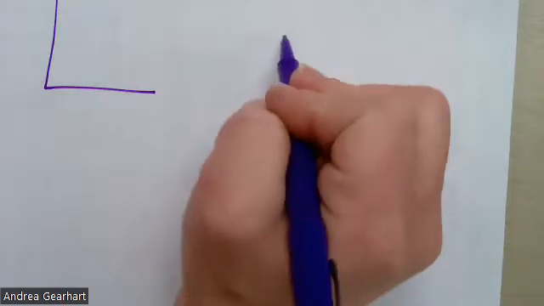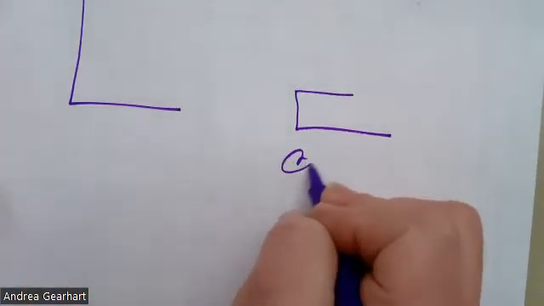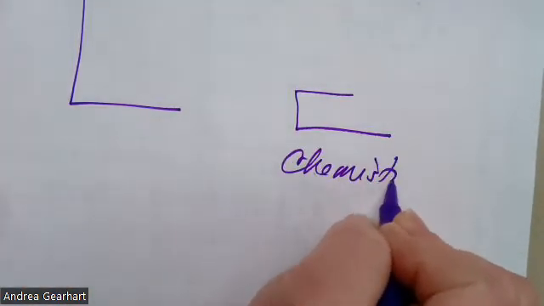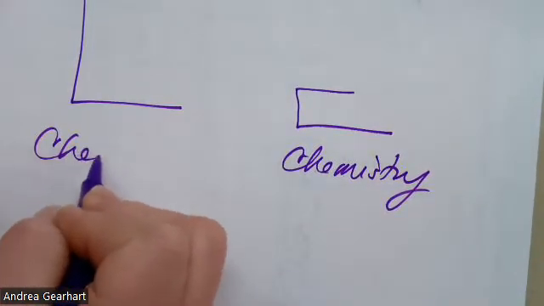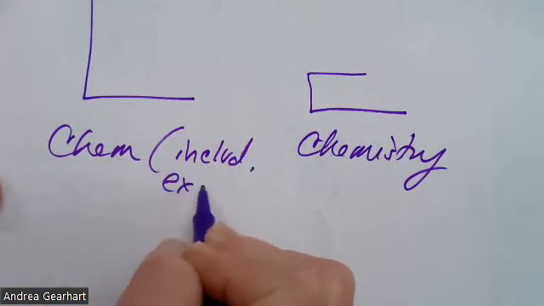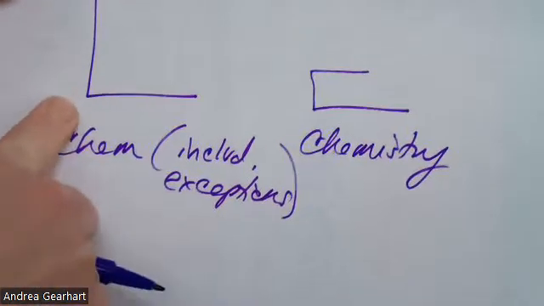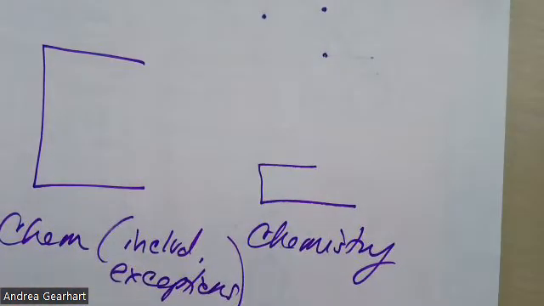Yesterday I saw a comic that had a book that width and a book that width, and it said chemistry, including exceptions. The more we learn about chemistry, the more gray there is.